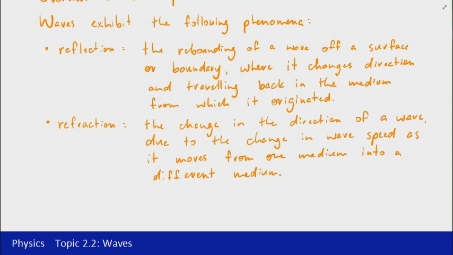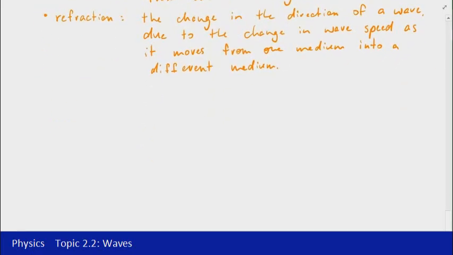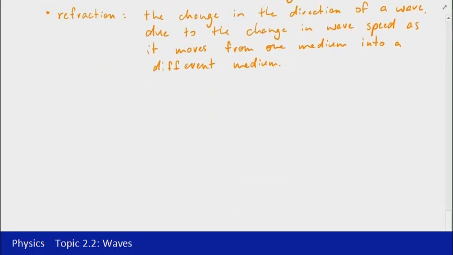So a different medium is not always a different substance. It could just be a different property of the medium, such as the depth of water, or the temperature of air. Light will refract through air that's at different temperatures.